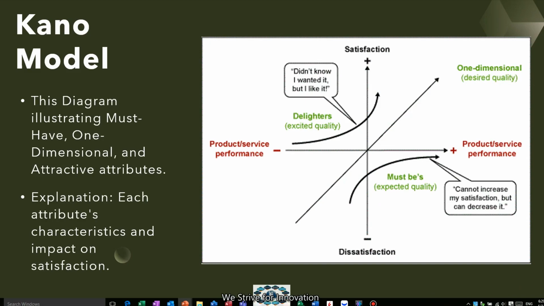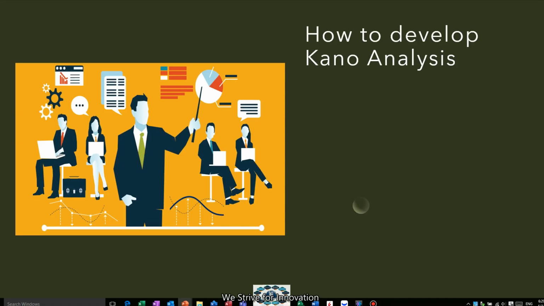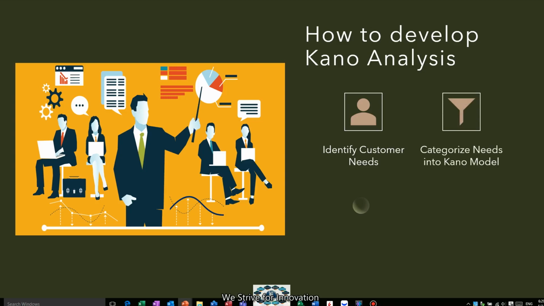Now let's develop a Kano diagram, so we can understand what is involved. First of all, you need to identify customer needs. That's very important, because you cannot just create something from the air. As I addressed in one of the videos, voice of the customer is very important. After you identify customer needs, you categorize those needs into the Kano model.